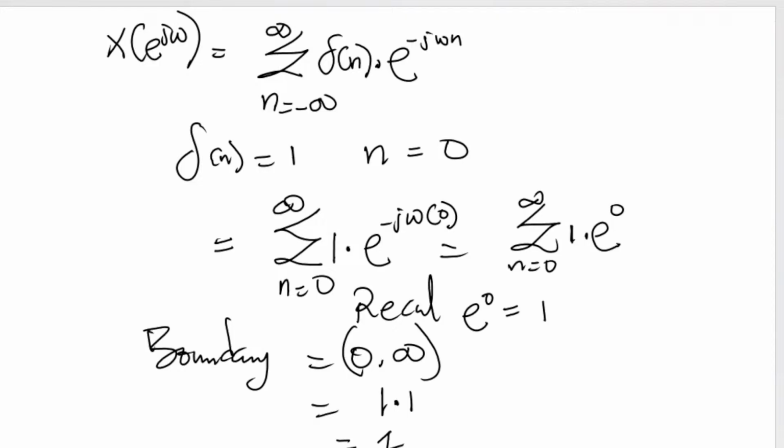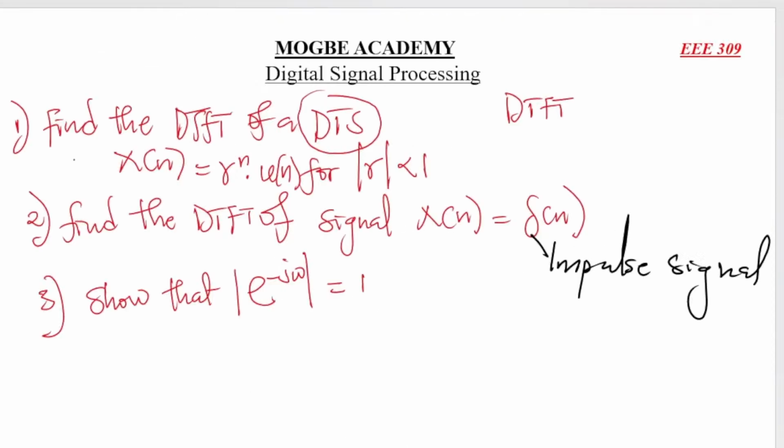This is telling the examiner that you've shown that if you apply the DTFT to a DTS signal x of n, and x of n is an impulse signal, you simply have the frequency domain of that impulse signal to be equal to 1. Are we together?